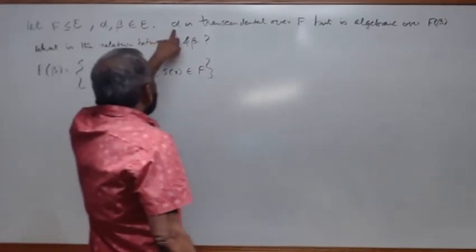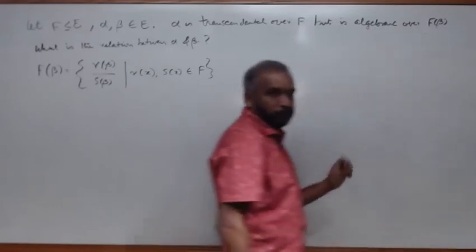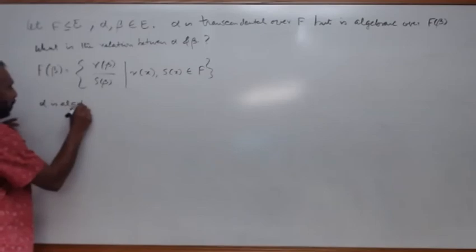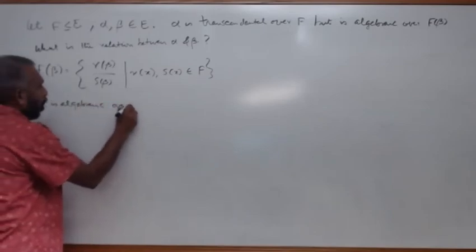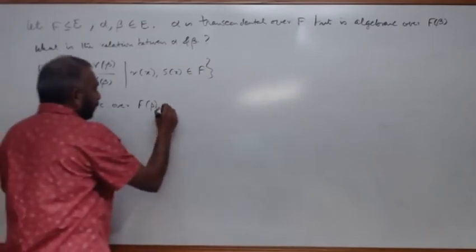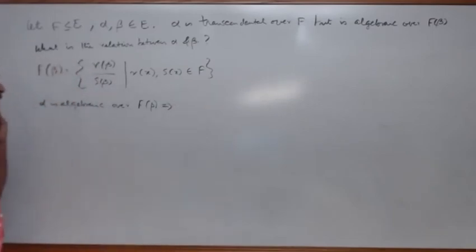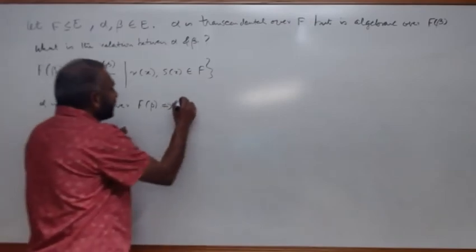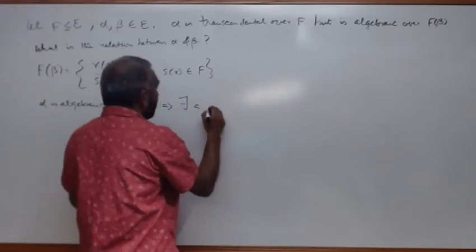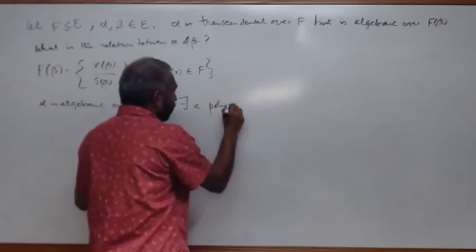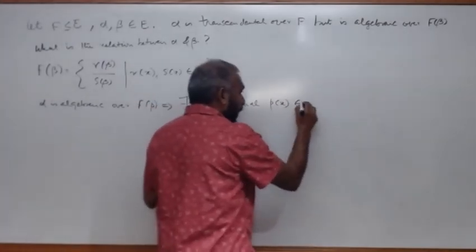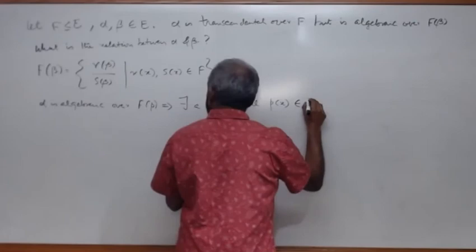We know that alpha is algebraic over F of beta. So alpha is algebraic over F of beta means, what does that mean? There exists a polynomial, let's say p of x in F of x.